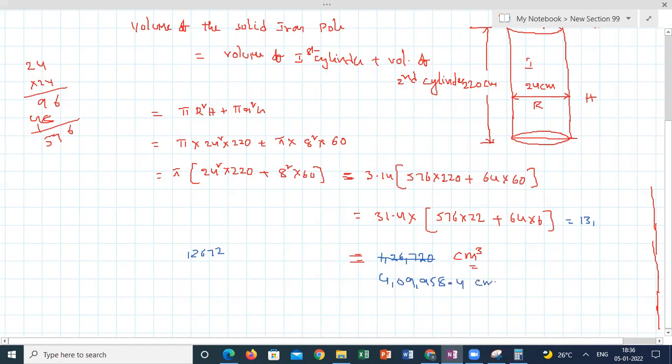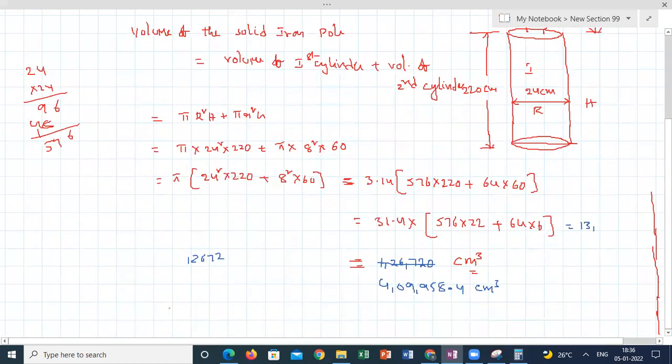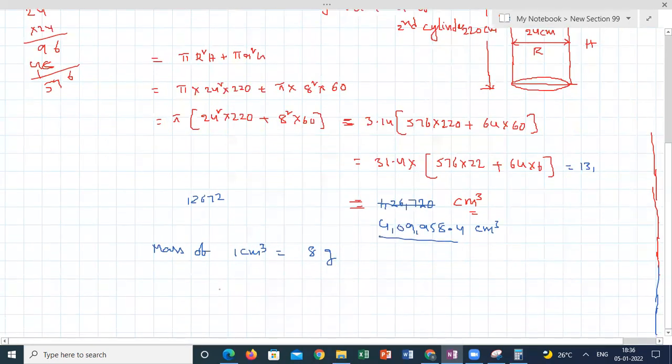0.4 centimeter cube. He is saying 1 centimeter cube is approximately 8 grams. Mass of 1 centimeter cube is 8 grams. So what is the mass of this much? Mass of 4,09,958.4 centimeter cube volume, where 1 centimeter cube is 8 grams.